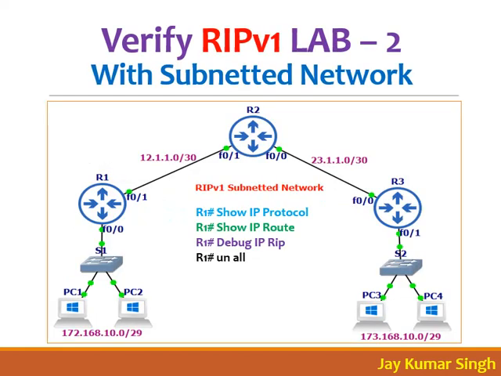Now verify RIP 1 lab with a subnetted network, right? After the subnetted network also we have configured, and what we have seen is that they are advertising, they are communicating, right? But they are advertising classful networks. Now see what the problem is here. See here, this is 172.168.10.0 like this, and here it is 173 like this.